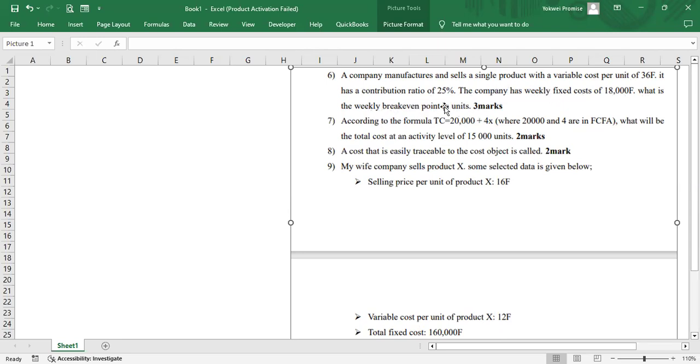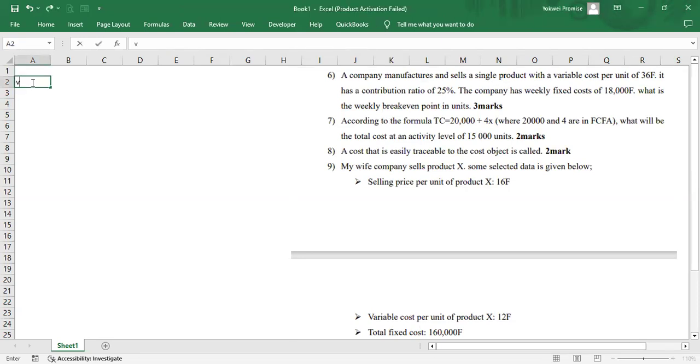So here we have been asked to calculate the break-even point. So what should we do? We have been given the variable cost per unit. Let me write it down. So I have VC, unit variable cost, to be 36. And then the contribution margin ratio has been given to be 25%.